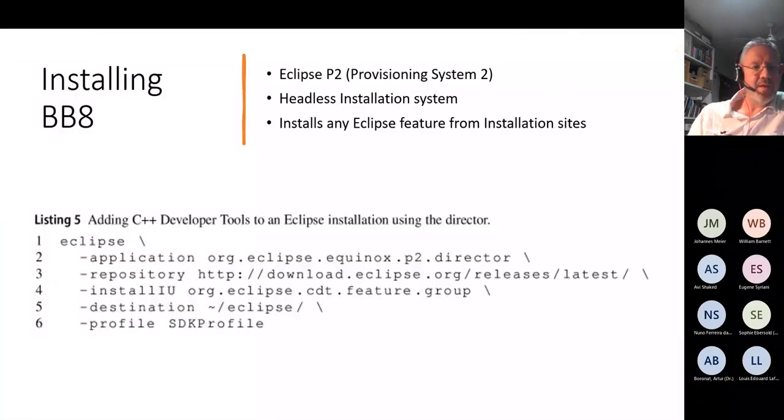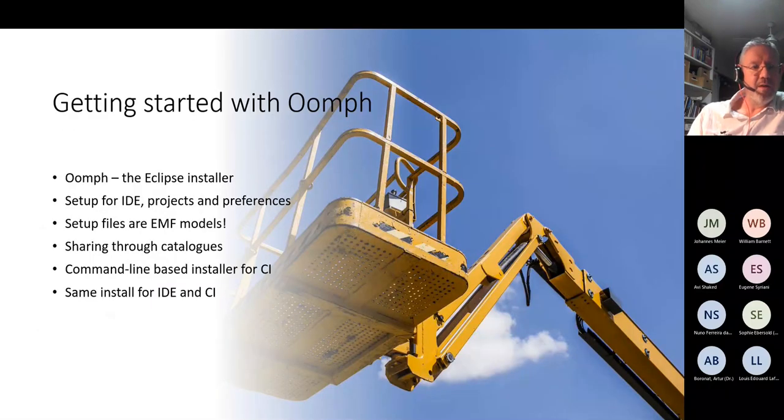I'll skip that. To install new things on the command line into an Eclipse that doesn't have a mouse, you can use this tooling, which is the P2 director. It's exactly the same as you typing in, I want this website, I want this feature, the C++ development environment, and then it will install that, but it will not open any windows.